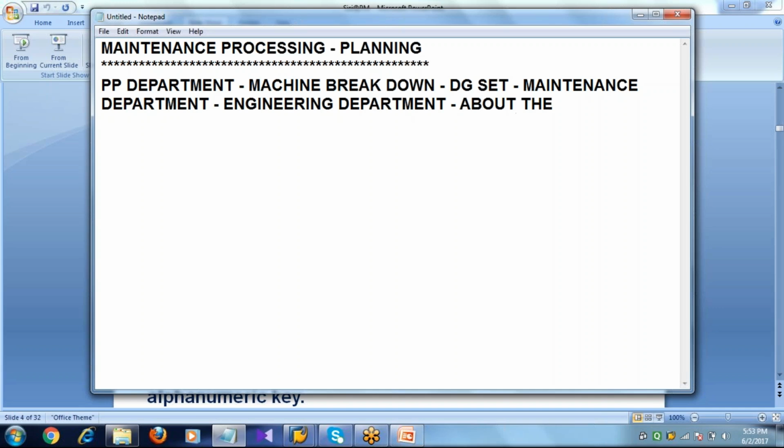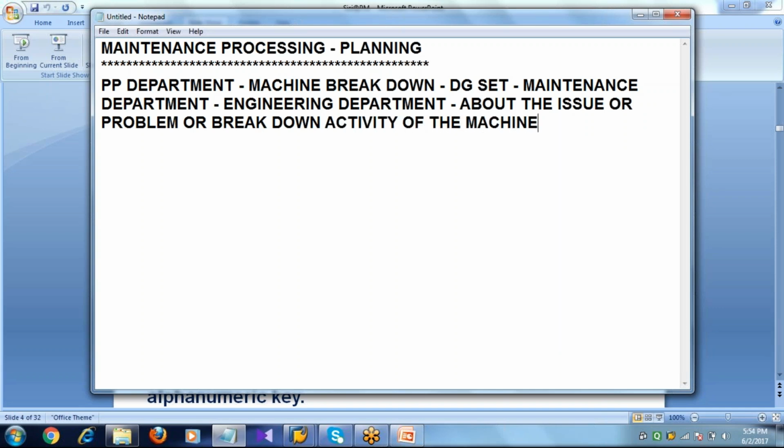About the issue, the breakdown or problem of the machine. How will they inform? They will come physically and inform the engineering department that the machine has broken down. But in the system, how will it happen? Isn't it?